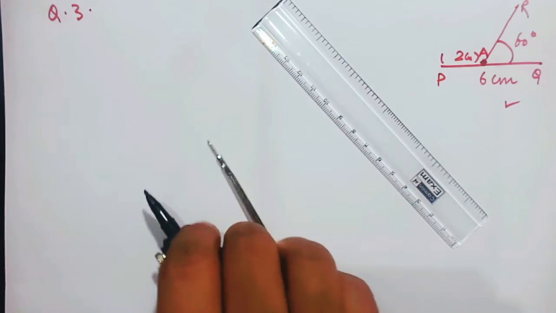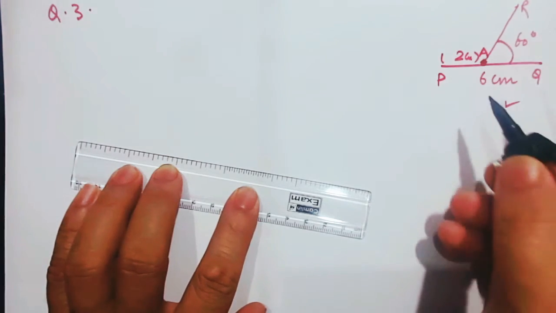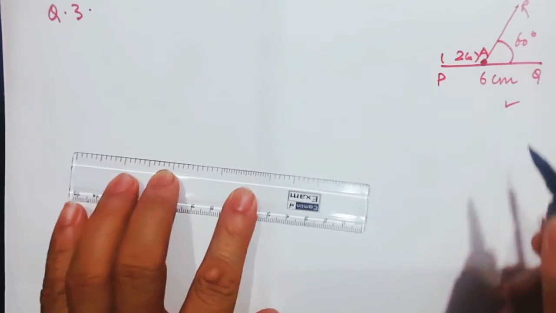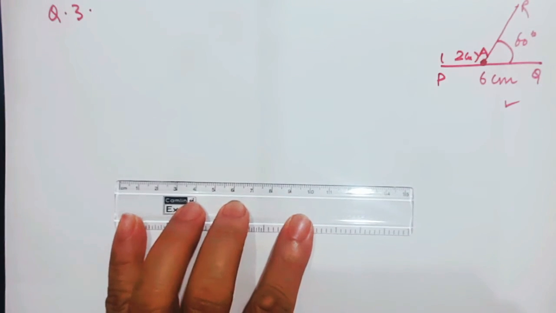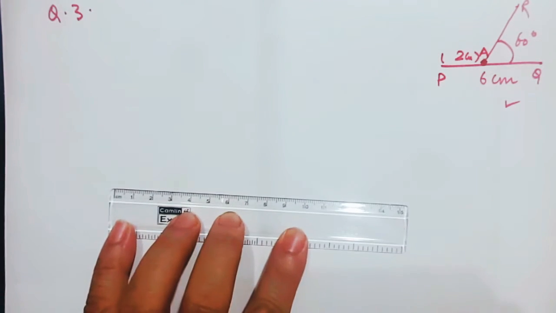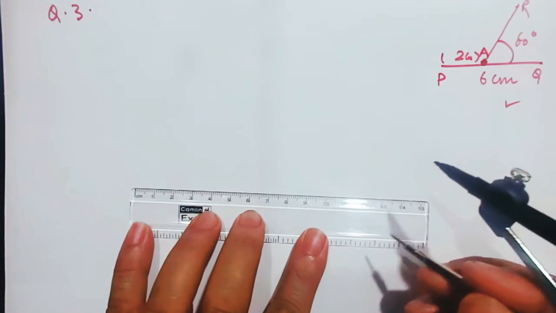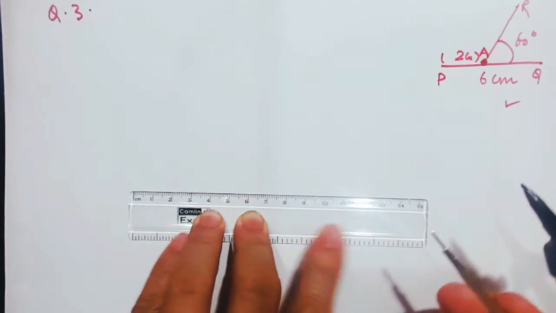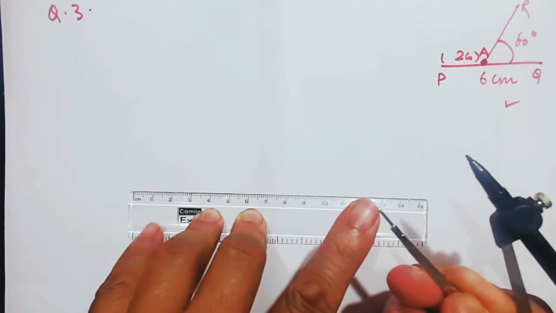So here we go. First let us draw PQ equal to 6 centimeter. How to draw PQ equal to 6 centimeter? What I am going to do is use the sharp end.